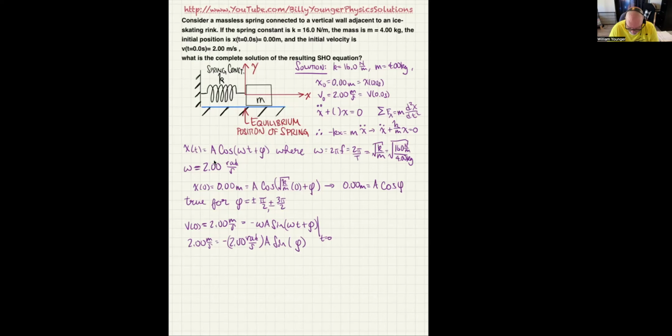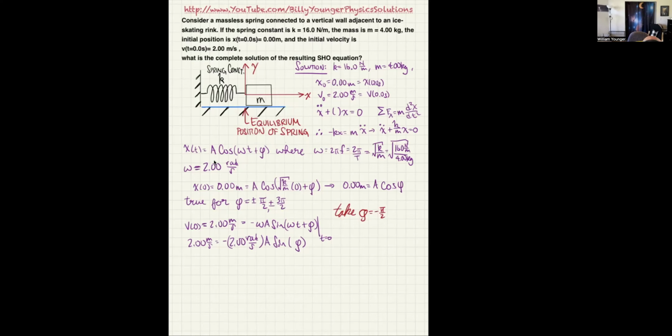If we take phi equals pi over 2, then the sine of pi over 2 is equal to 1. If we took phi to be negative pi over 2, then the sine of negative pi over 2 would be negative 1, and that would actually give us the negative we want. So we're going to take phi equal to negative pi over 2.